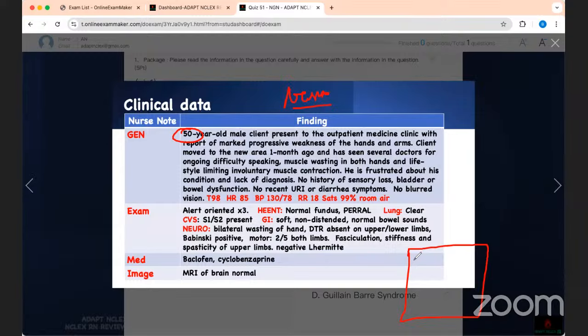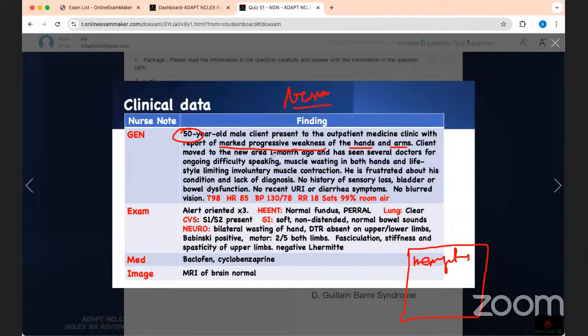List them. You said meningitis. I see meningitis. What other things? Give me possible options. Somebody said meningitis. So, outpatient clinic with what? There's a marked progressive weakness of the hands and arms, right?